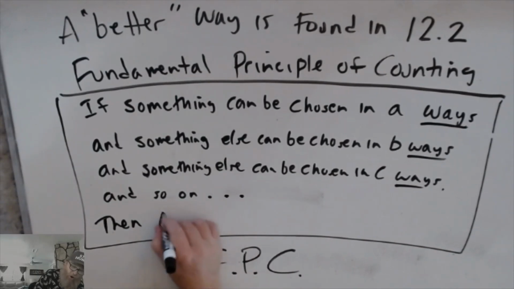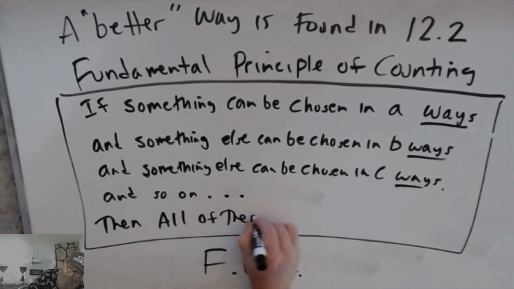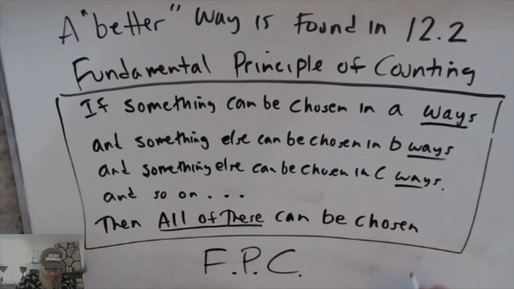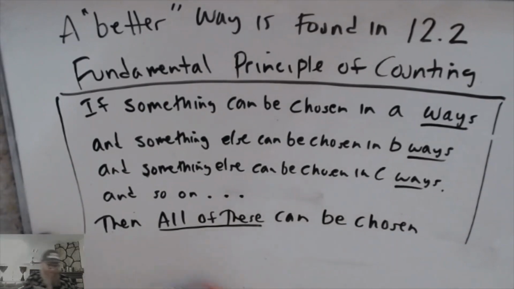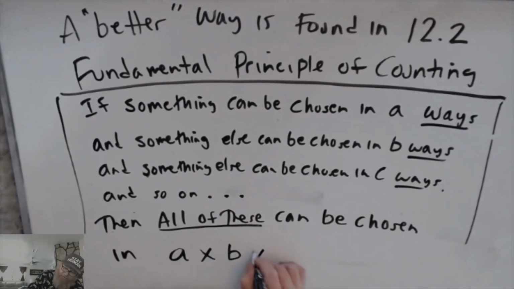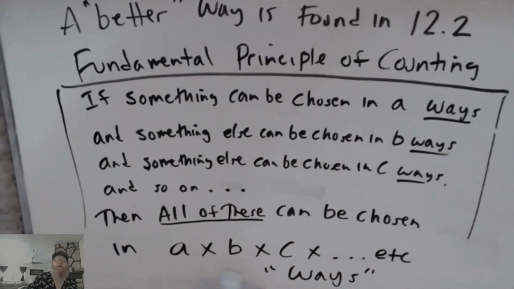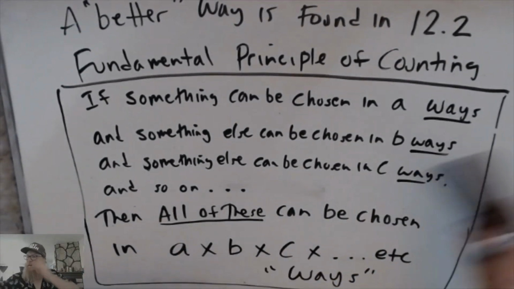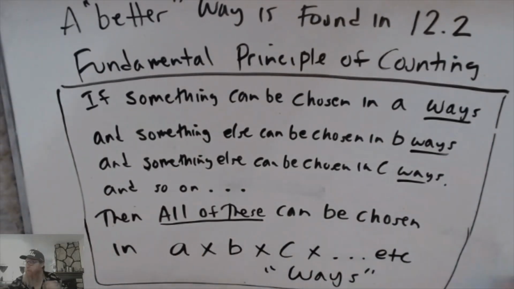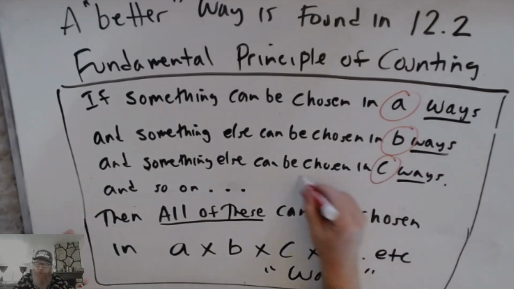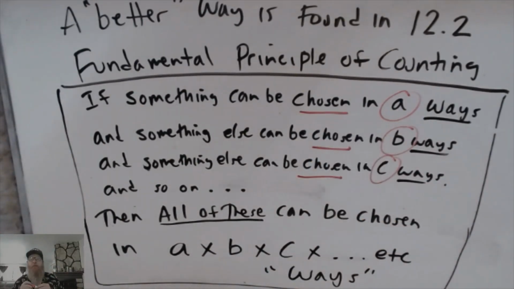Then all of these can be chosen in A times B times C times etc. ways. In other words, it's just the product of the number of different ways in which you can choose whatever it is that you are choosing.